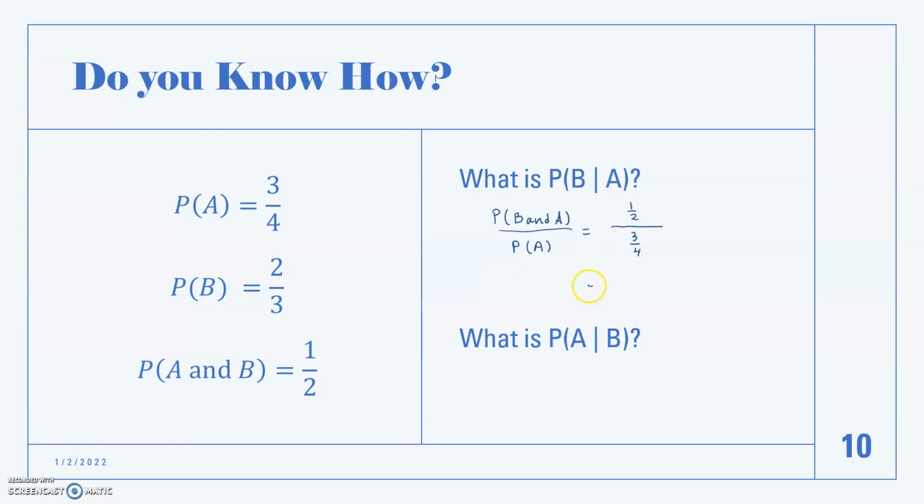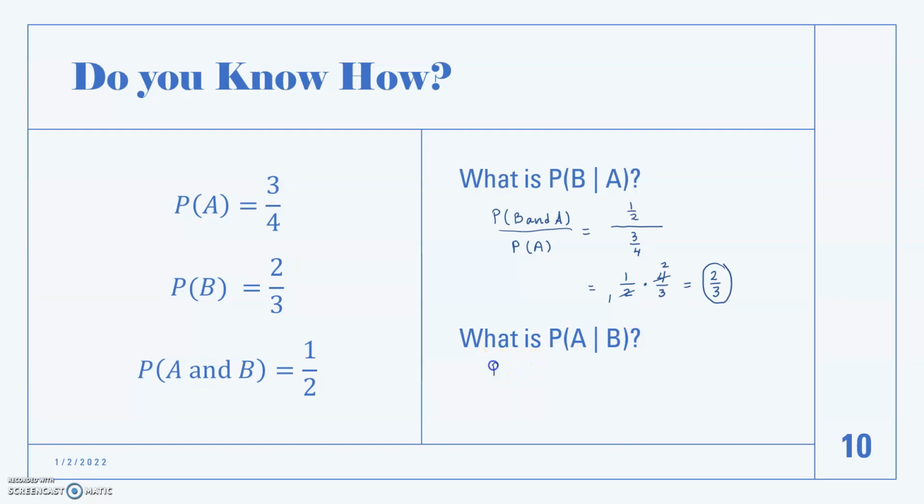When we're dividing fractions, we can multiply by the reciprocal. So it's going to be 1/2 times 4/3, which reduces, if I take a 2 out, to 1 over 2... so it reduces to 2/3 is the probability of B, given that A has already happened.